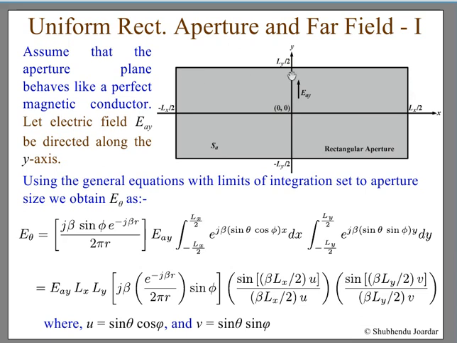So we are considering this area to be a perfect magnetic conductor, PMC. And the electric field will be along this axis, and we assume that the electric field is the same in all places of this one. That is why it is called the uniform rectangular aperture.